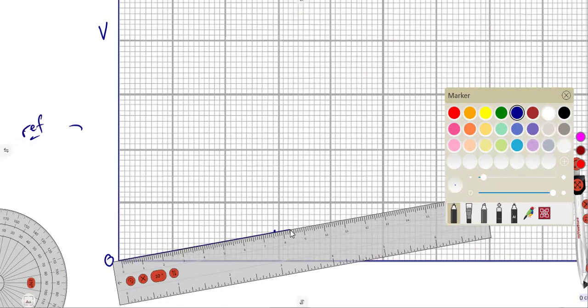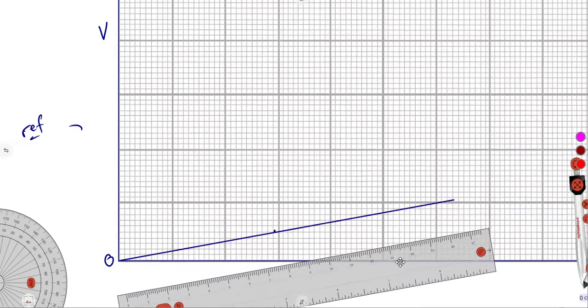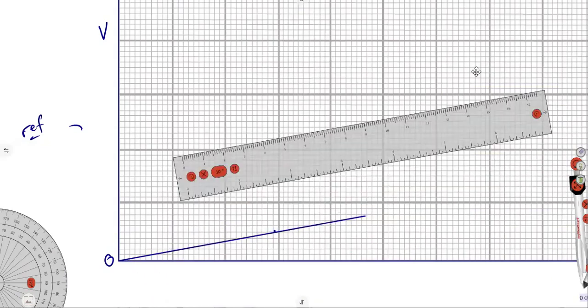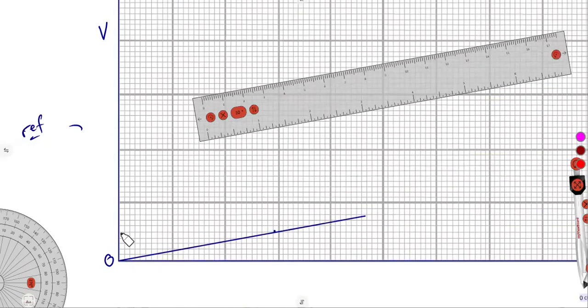So we're going to have something like this. So that is at 80 degrees. This is the part of our 80 degrees, representing our open circuit. Remember, this is for our open circuit.